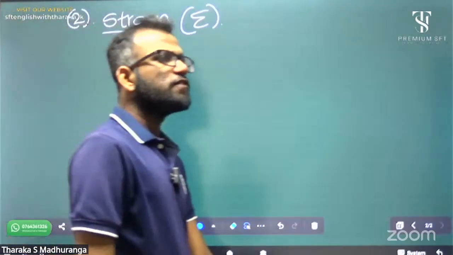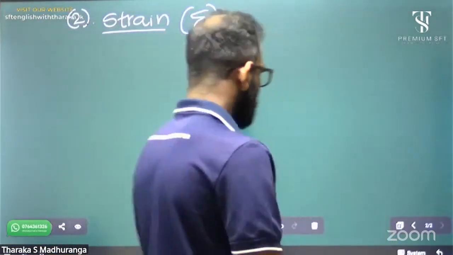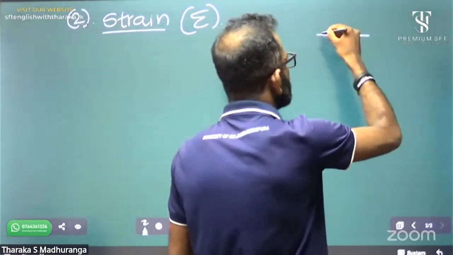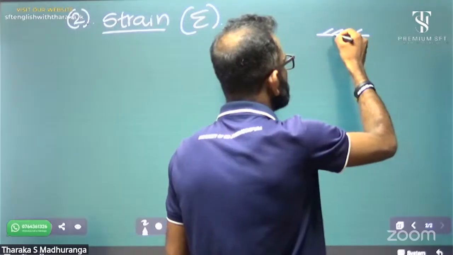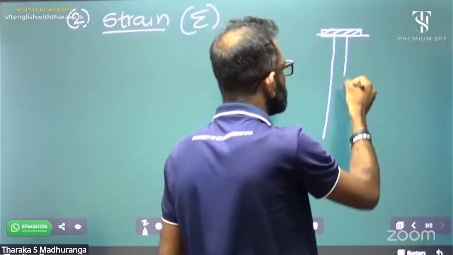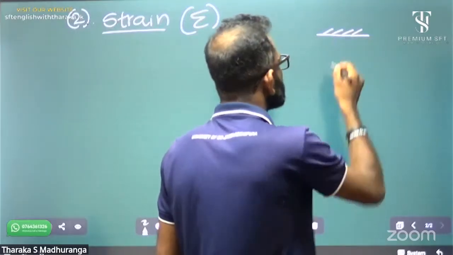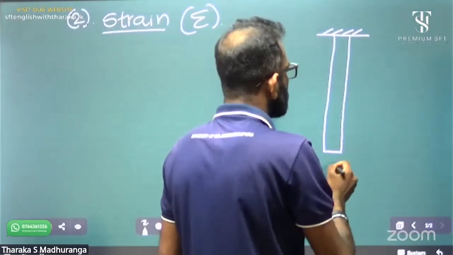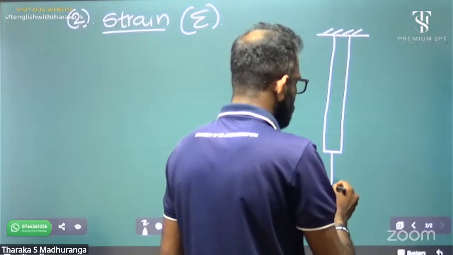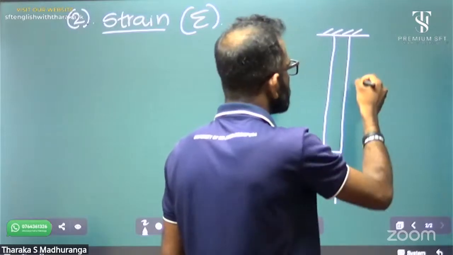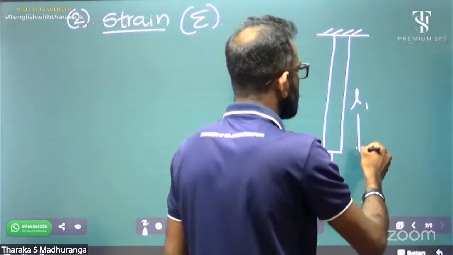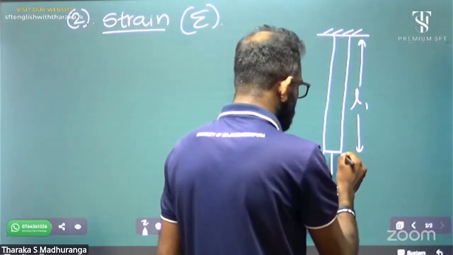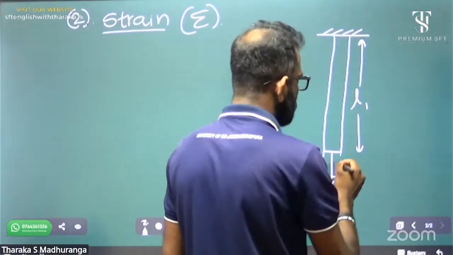Strain. What's the meaning of this strain? I told the same example previously. This is the rubber string. When we apply external force, this is L1, the initial length, and the length increases up to this level.